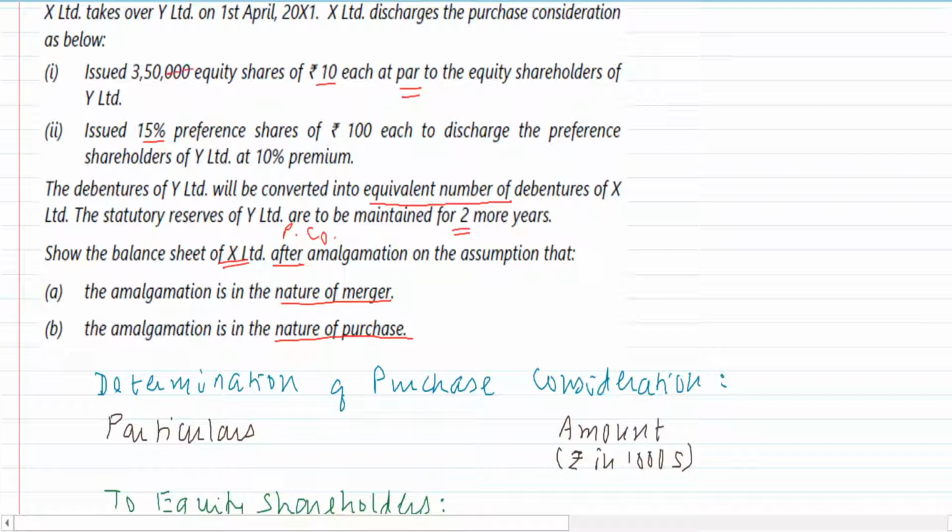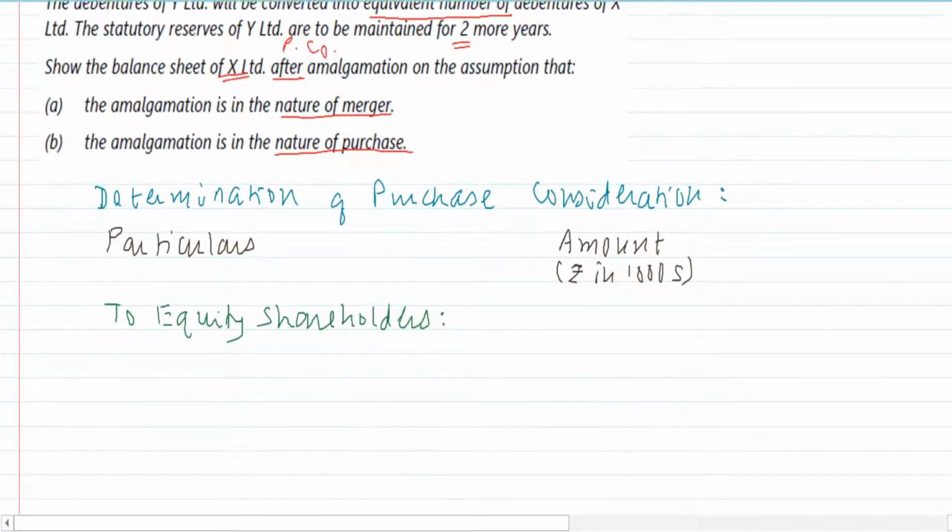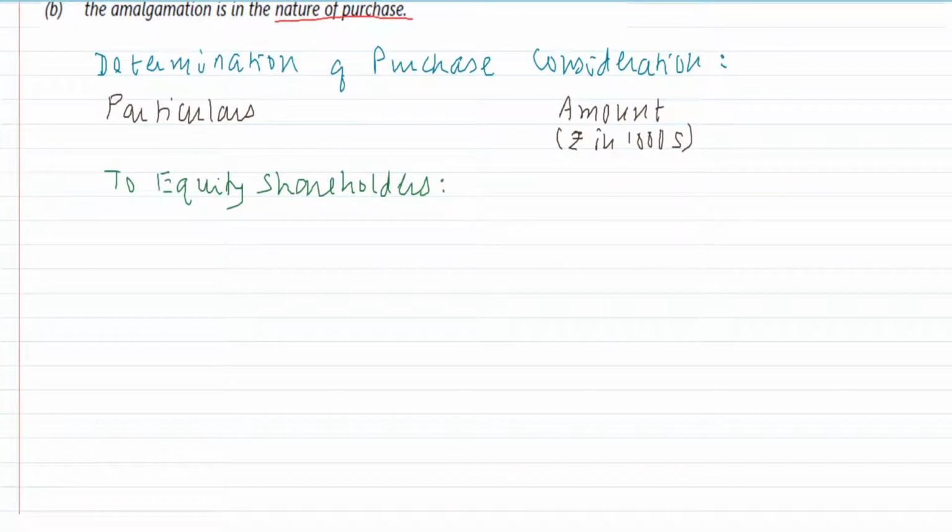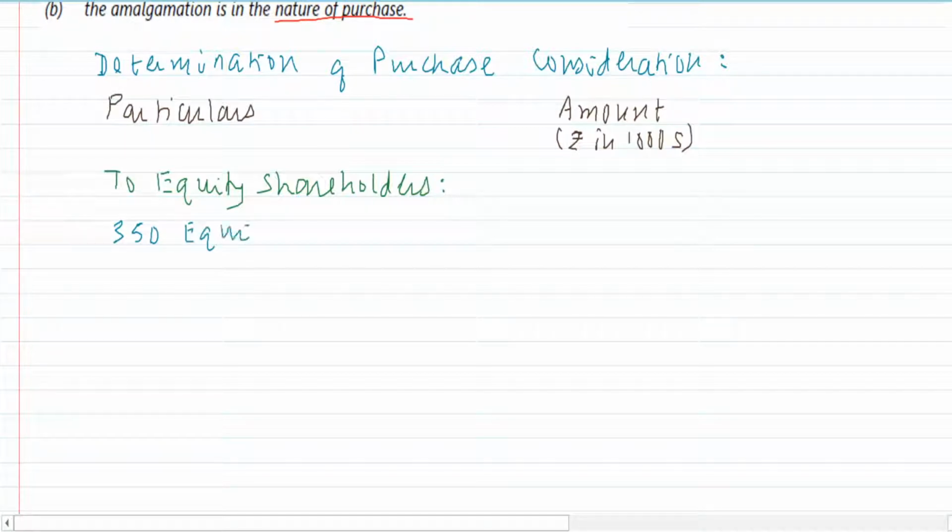So I'll just remove the 3 triple zeros which they have given. So it is some 350 shares which we are going to issue of rupees 10 each. So I suggest over here 350 equity shares of X Limited at the rate rupees 10. So that's turning out to be 3,500.